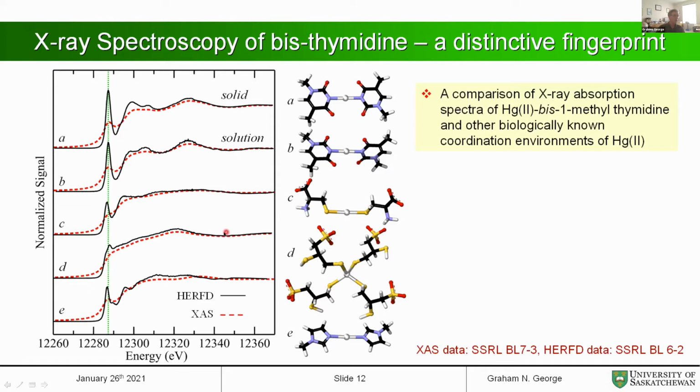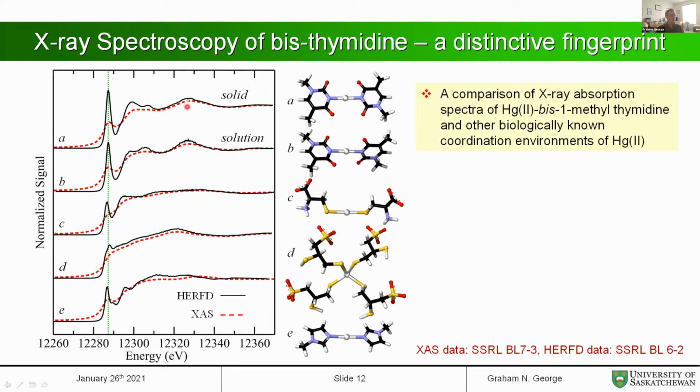The regular, as some people call it, or near edge spectra, as I prefer to call it, don't show nearly as much variability, although it is possible to distinguish these by just looking at the near edge alone. But the HERFD makes it very plain that these types of compounds have a very unique looking spectrum, with a very intense pre-peak and characteristic double peak past the edge and a broad hump at around 12,325 eV, or just below 12,325, about 12,324 eV.